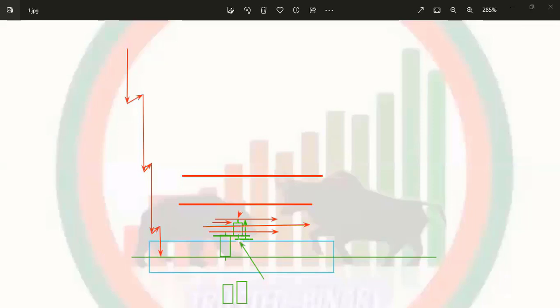When buyers exactly entered from this point, they broke this rejection point, that sellers' entry point, and then finally sellers entered from the upper point, but failed to push this market down below this level. So that means the overall situation is buyers are stronger, and this volume is high.